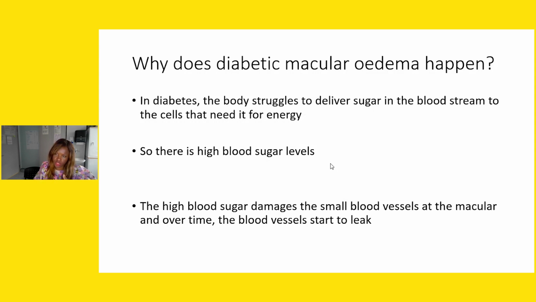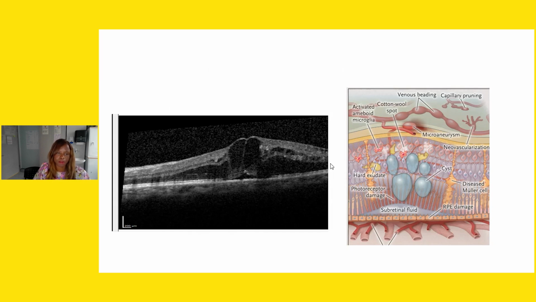And this leakage causes swelling and disorganization of the structures we described, and that then results in blurred vision. On the left of the image, you can see an OCT scan of diabetic macular edema, and the large black areas, this should be the valley we discussed earlier, the pit, the fovea.